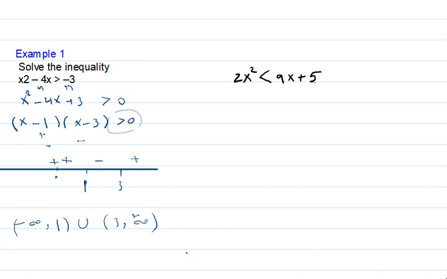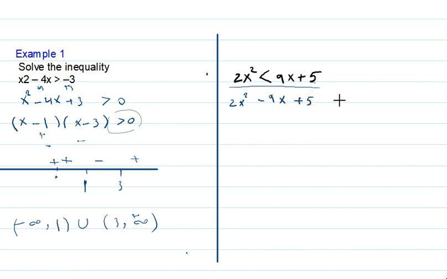Let's take another example here. 2x squared less than 9x minus 5, and we need to rearrange it in the standard form. 2x squared minus 9x plus 5 less than, we keep the symbol as it is, less than 0.